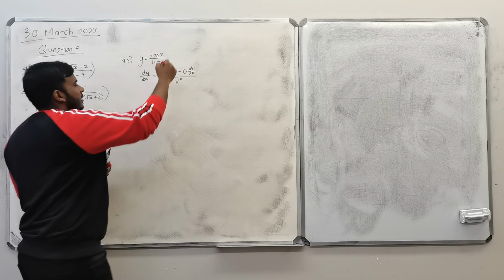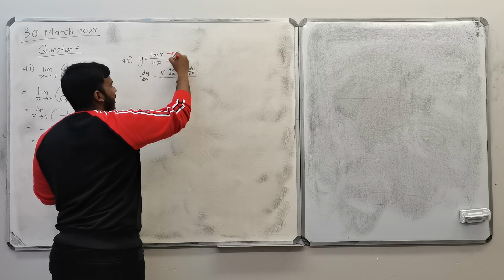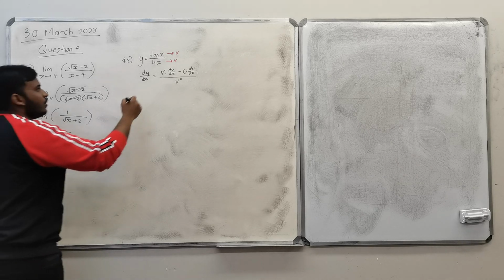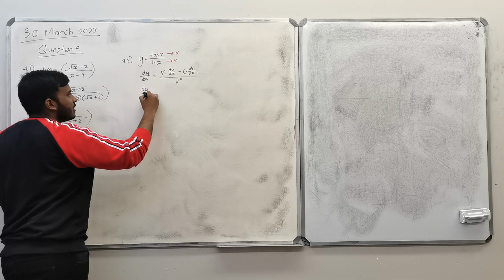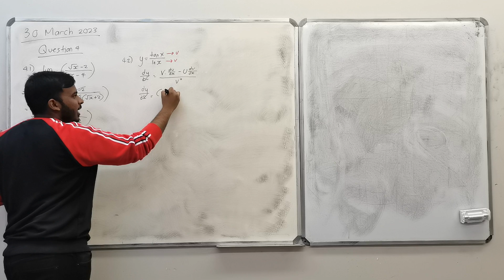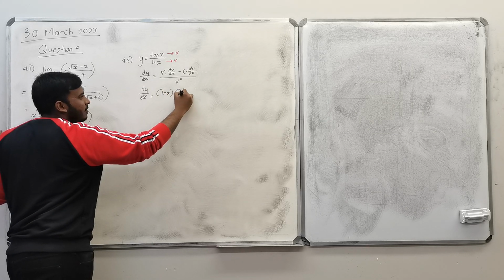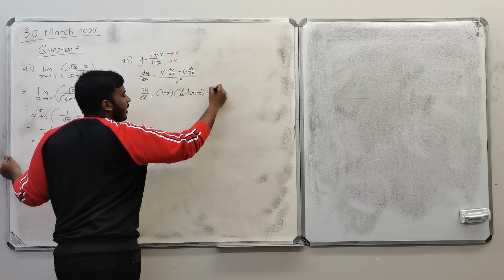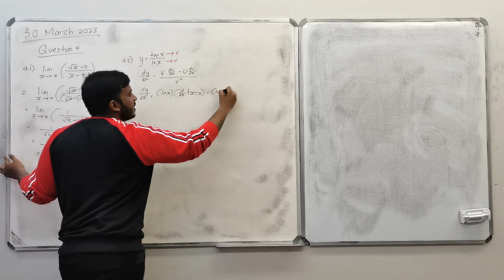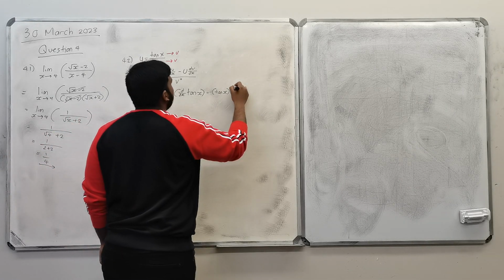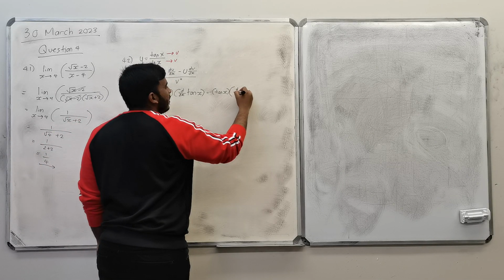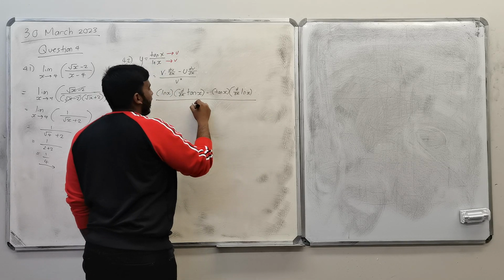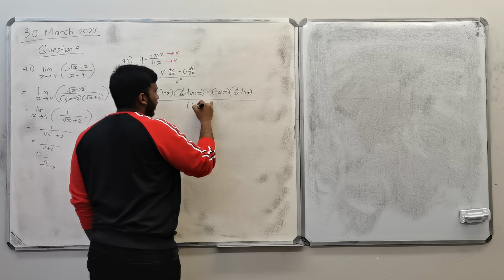If you're looking at this, this here is your u, this here is your v. So when you're doing dy over dx, it's going to be equal to ln of x times the derivative of tan x, minus tan x times the derivative of ln of x, all over ln of x squared.